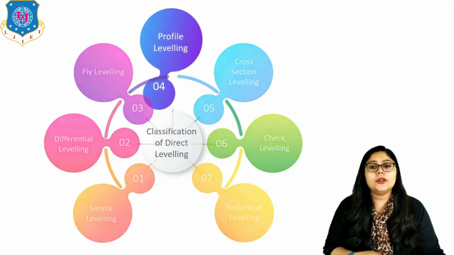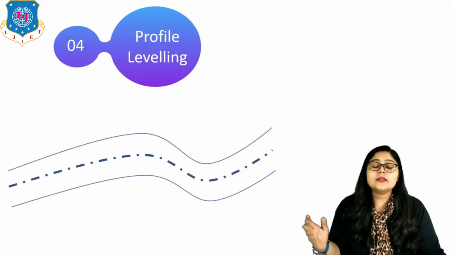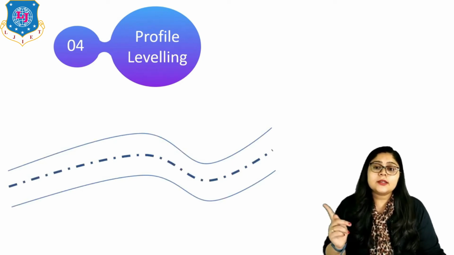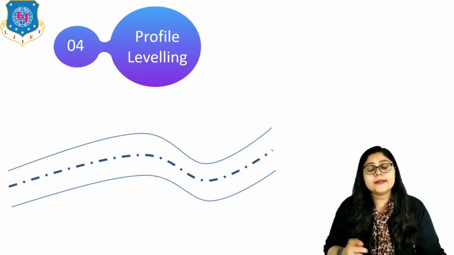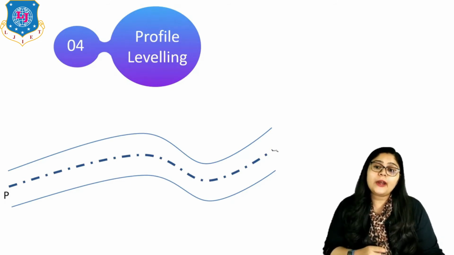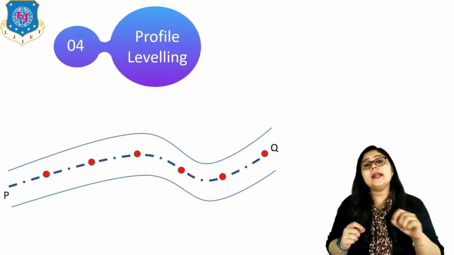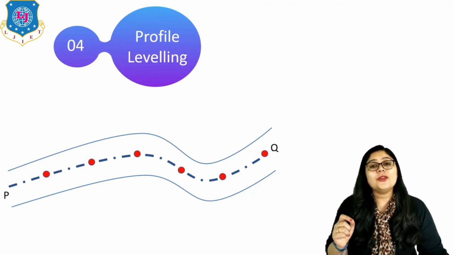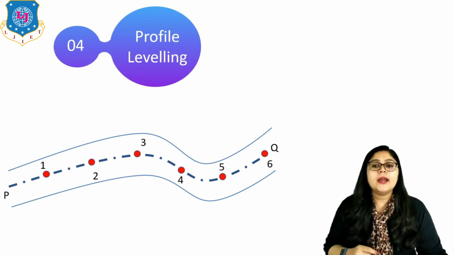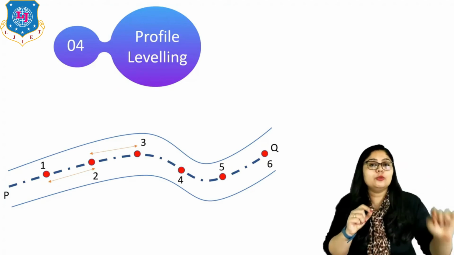Now let us understand the fourth one, which is profile leveling. Generally this is the condition of a road, where the center line, the dotted line, indicates the alignment of any road. Now if I want to know the profile, it means P and Q are the 2 points, and if I have to connect them by identifying different intermediate points, at that time I have to mark or find the distance between 2 points, or we can say the height difference between 2 points, right?